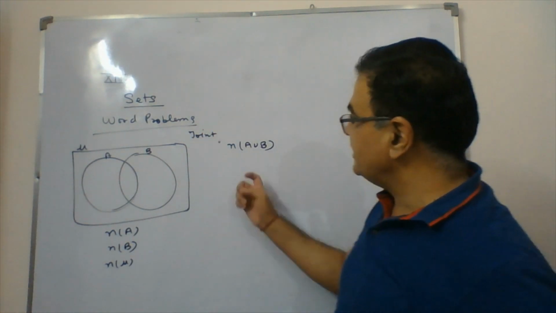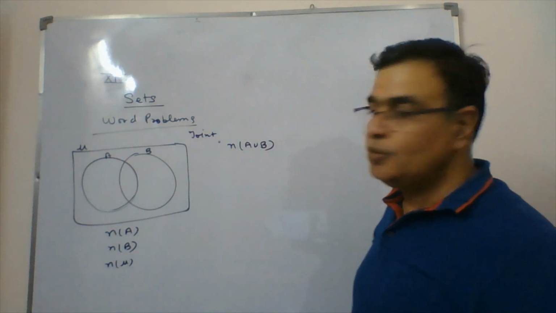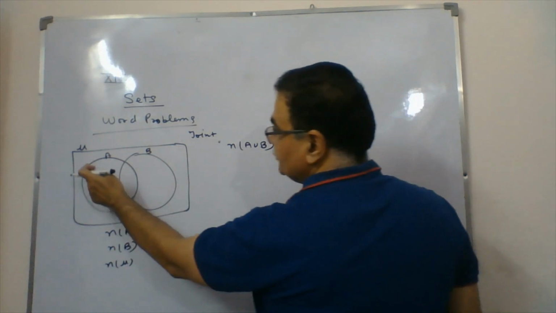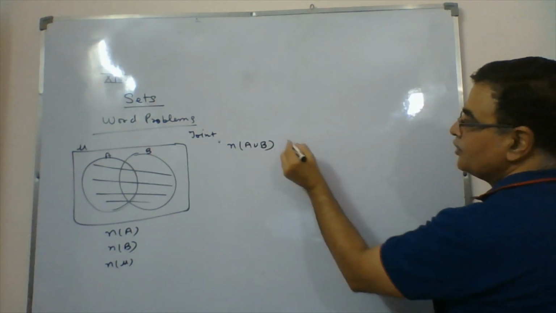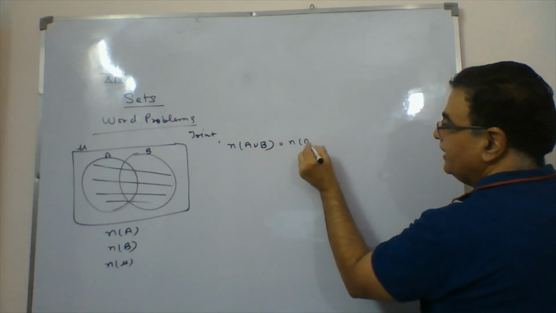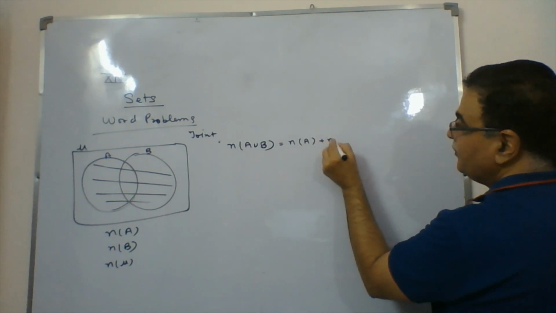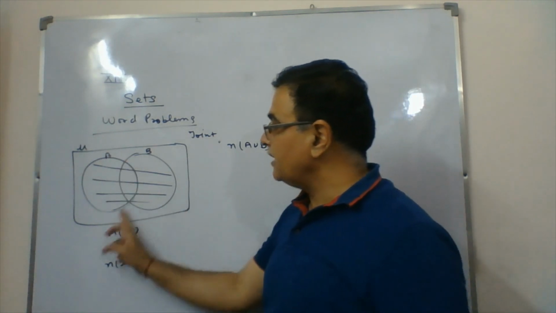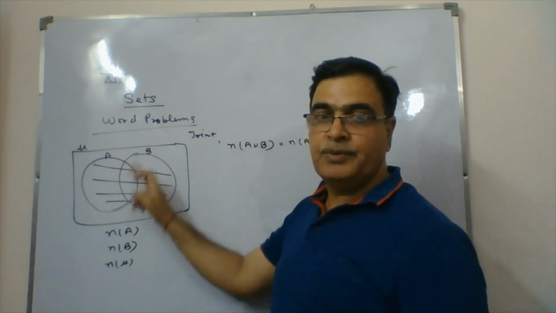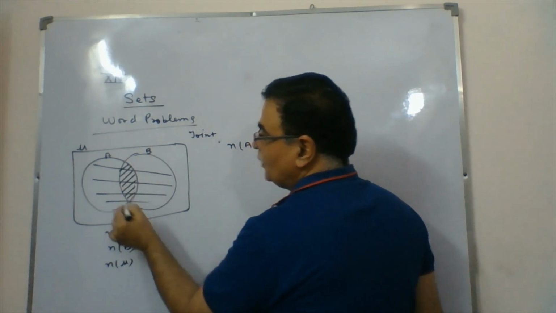So when the sets are joint, we have A and B, and I want A union B. That means you need this complete region. So I should write n(A), number of elements in set A, then number of elements in set B. This is complete set A, this is complete set B. Now the problem is this part you have taken twice.